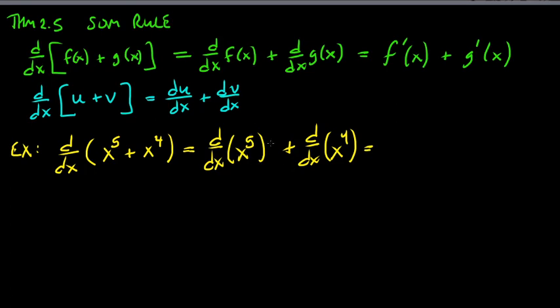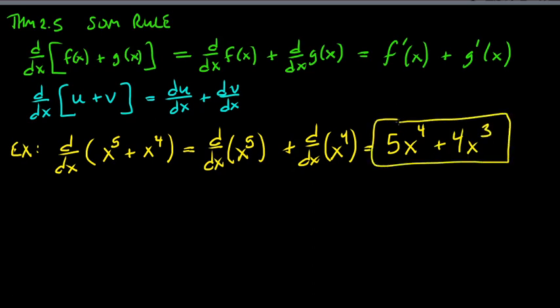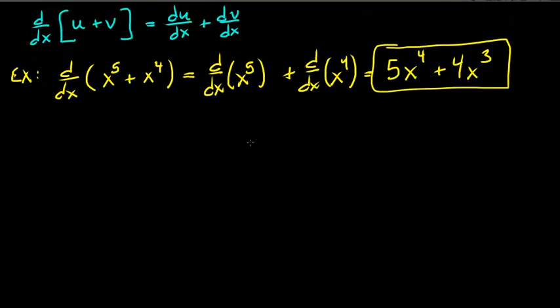And for each of these, just use the power rule, right? So the derivative of x to the 5 is 5x to the 4, and the derivative of x to the 4 is 4x to the 3. And that's it, we're done. Again, way easier than using the limit definition. Let's do another one.